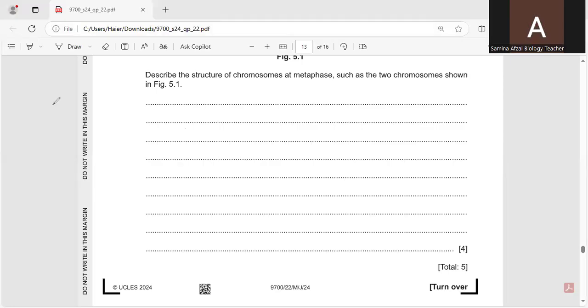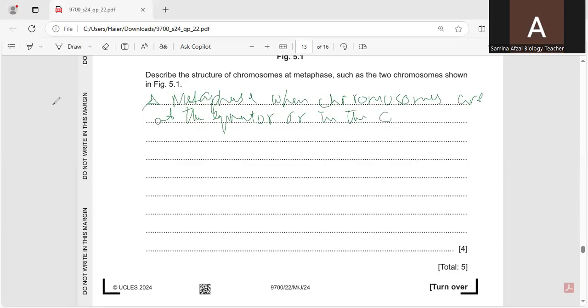So when chromosomes are at the equator or in the center of the cell, these are sister chromosomes or homologous chromosomes.